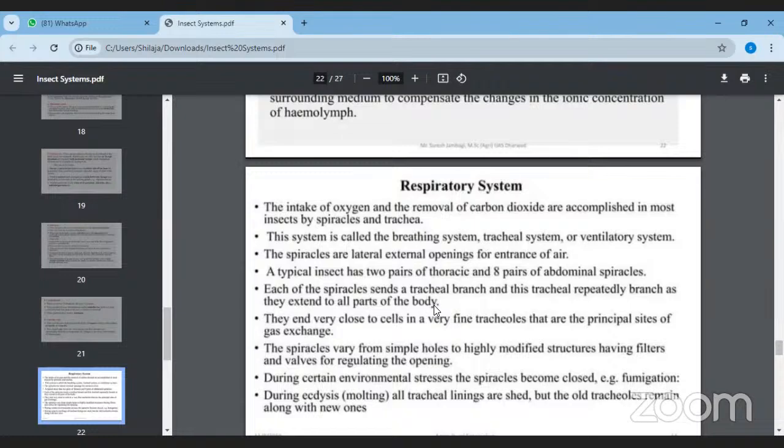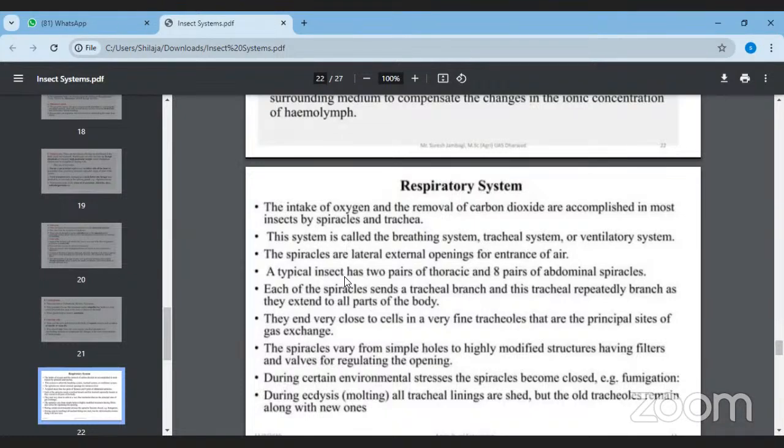The tracheae repeatedly extend to all parts of the body, and they end very close to cells in very fine branches called tracheoles, which I'll show in the figure.